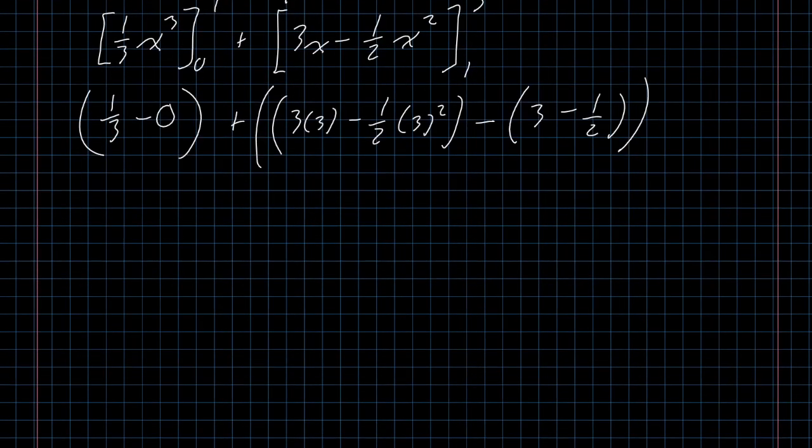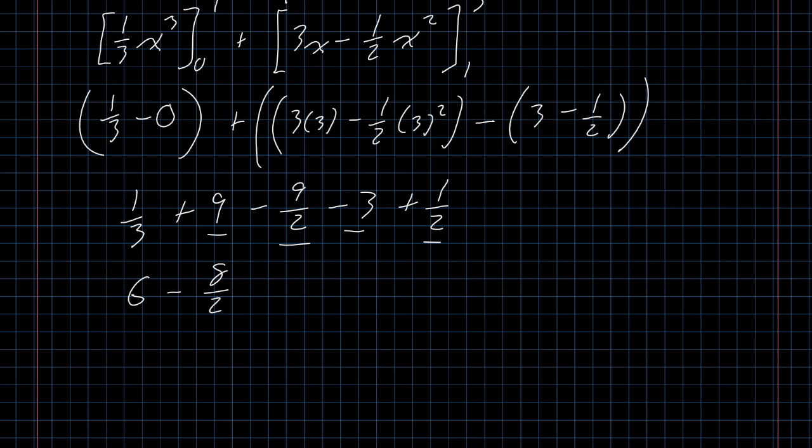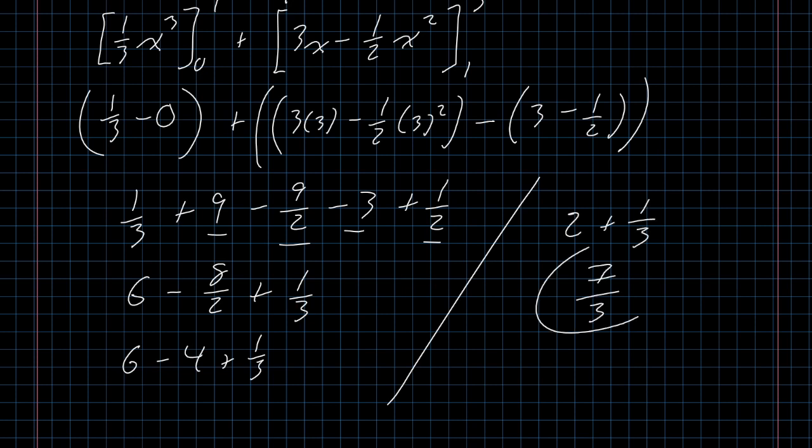So we've got 1/3 plus 9 minus 9/2 minus 3 plus 1/2. 9 minus 3 is 6, minus 1/2 plus 1/2 is minus 8/2, and then there's also plus 1/3. 6 minus 8/2 is 6 minus 4. So we're looking at 2 plus 1/3, which comes out as 7/3.